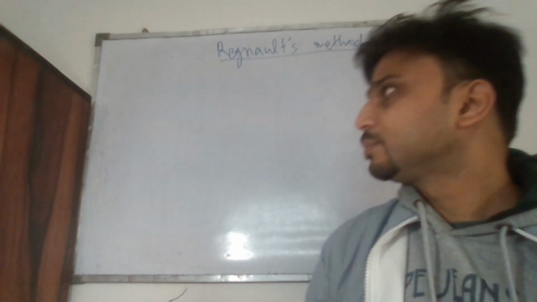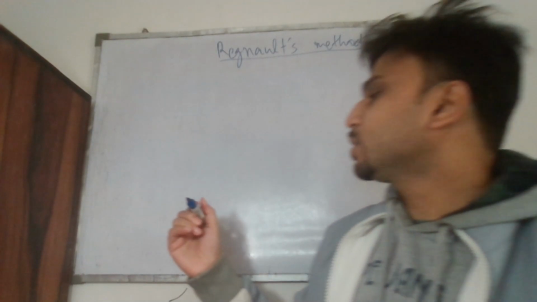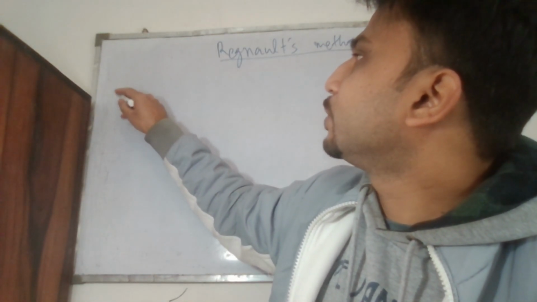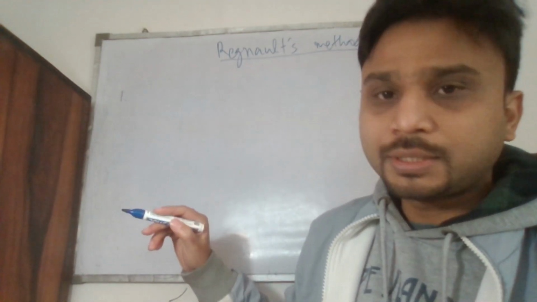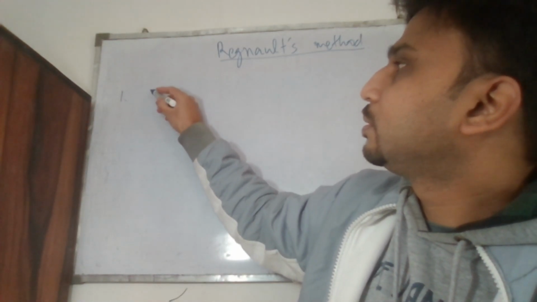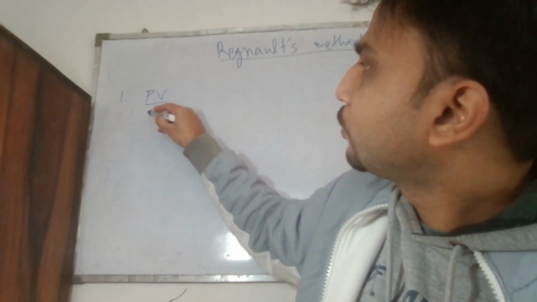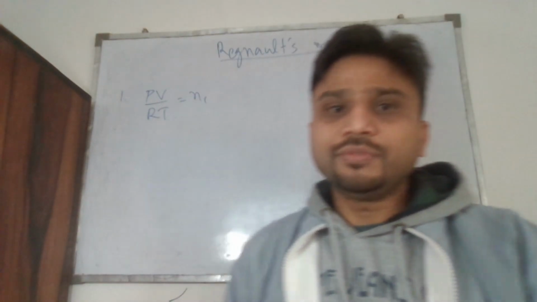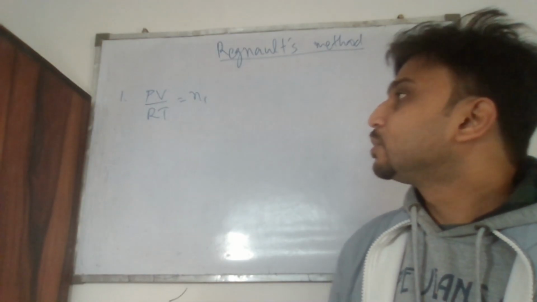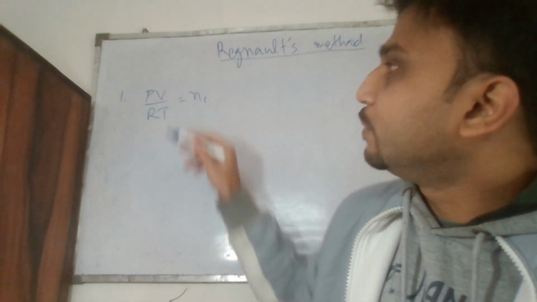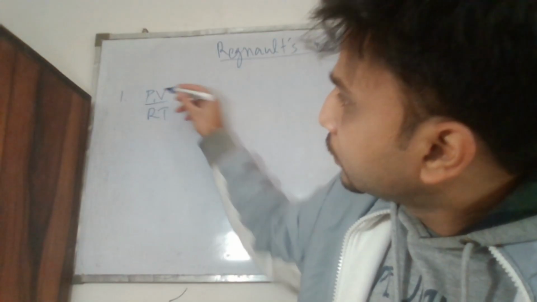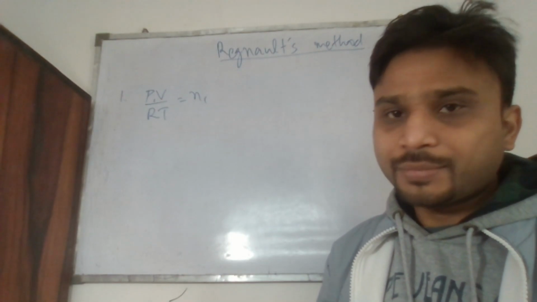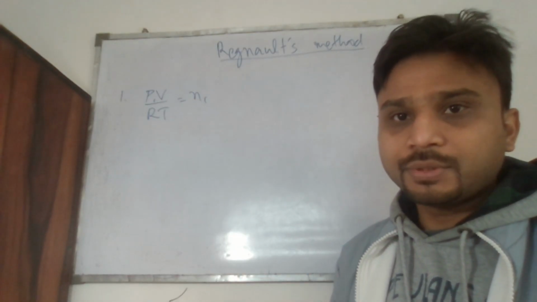And first of all, we will say the equation which we use is PV equals nRT. So initially the gas was at some P1 pressure, right? So its moles was n1. That is how the gas was initially.